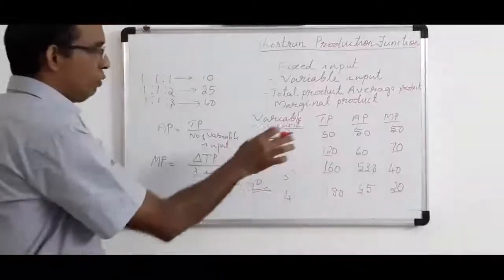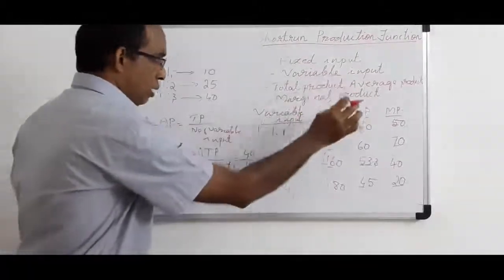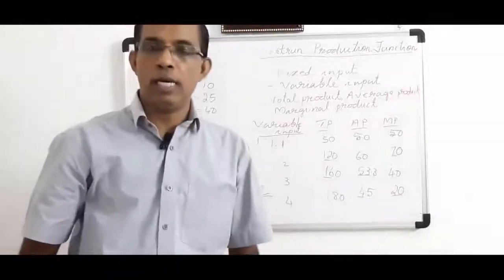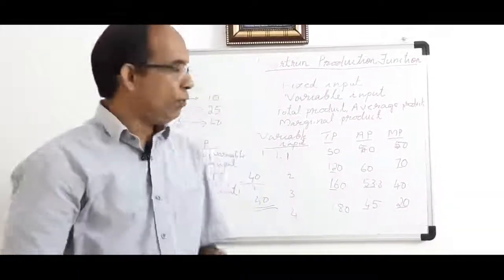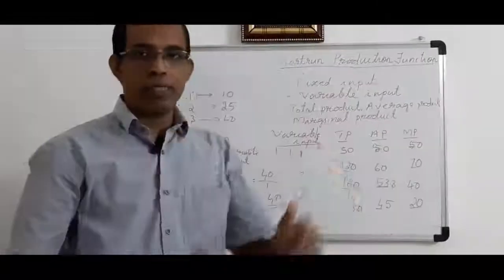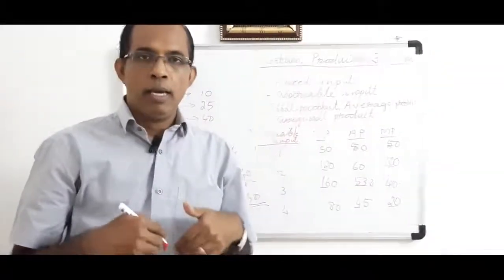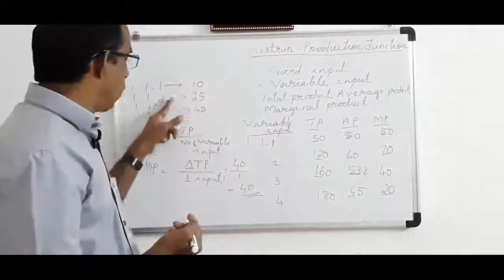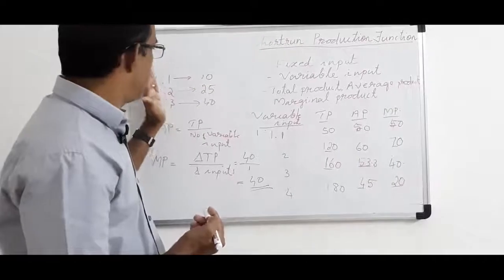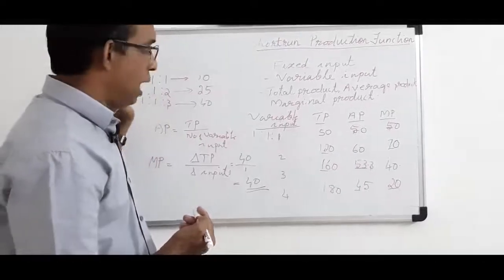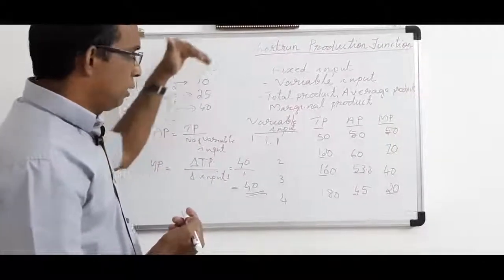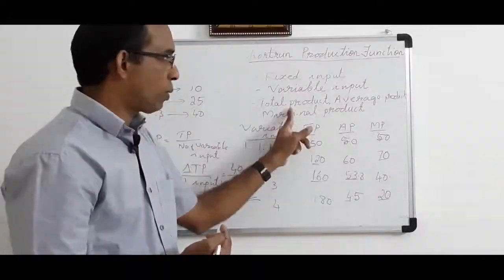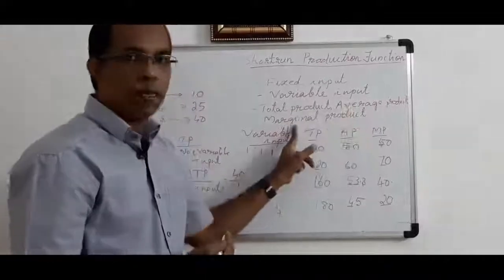In this way also we can calculate AP and MP. And what are the points that we have studied today? First we studied what is short-term production function. It is a method of changing output by varying one input alone, keeping all other inputs constant. And there are 3 important variables that we have studied: total product, average product and marginal product.